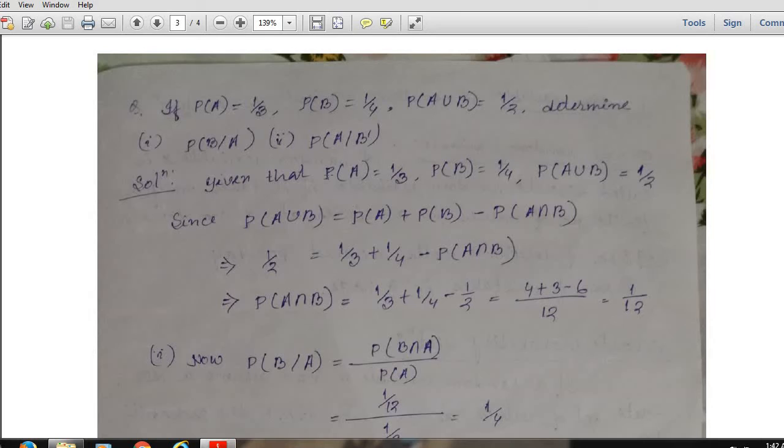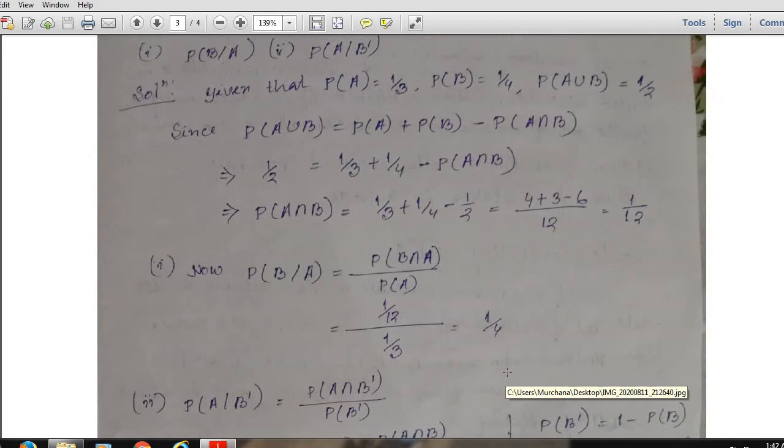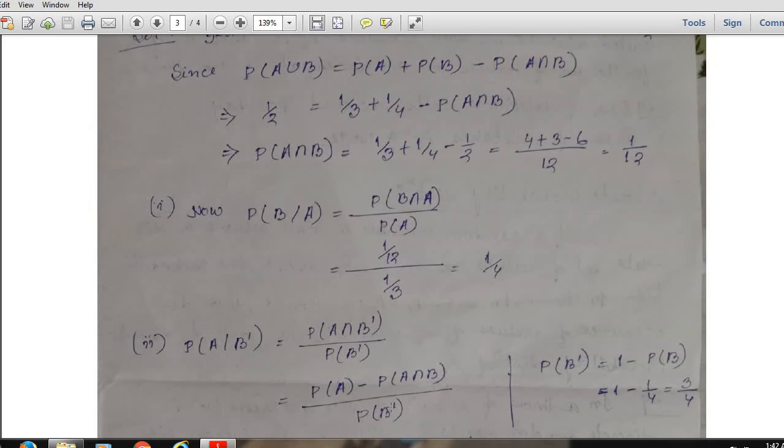Now, solution of 1 is what? Probability of B given A. Using the definition of conditional probability, we get this is 1 by 4. Let me solve the second one. This is probability of A given B dash. A given B dash is probability of A intersection B dash divided by probability of B dash.